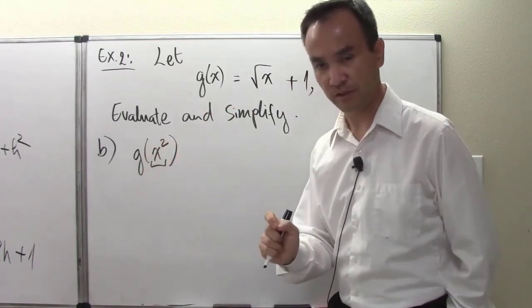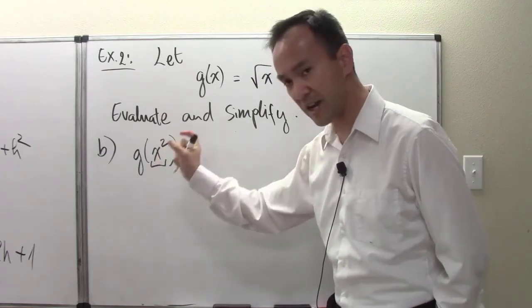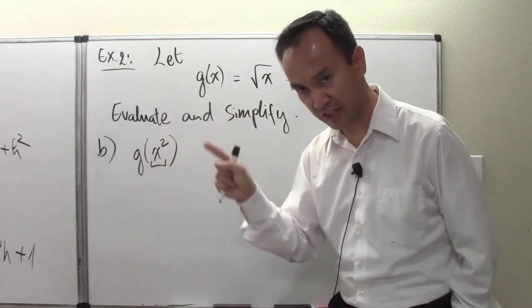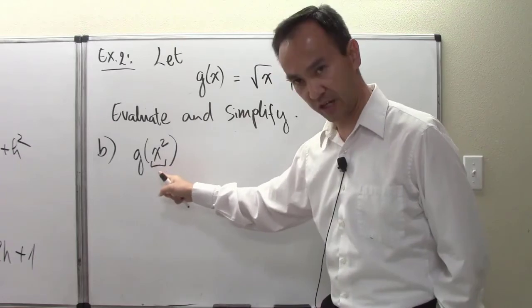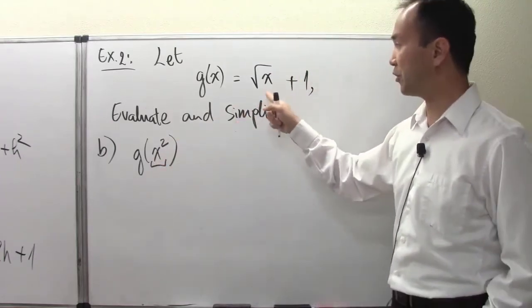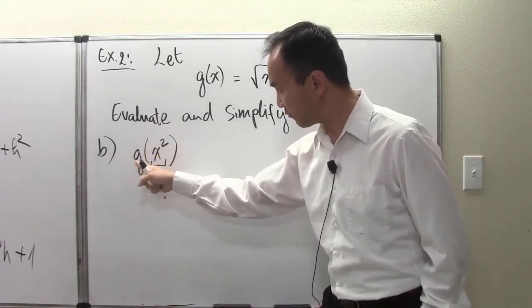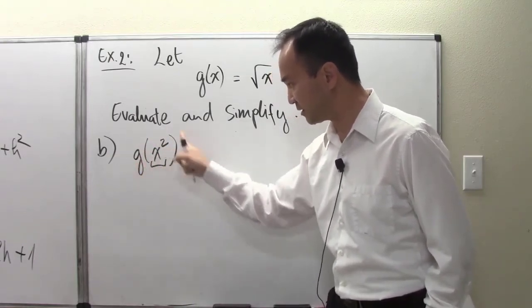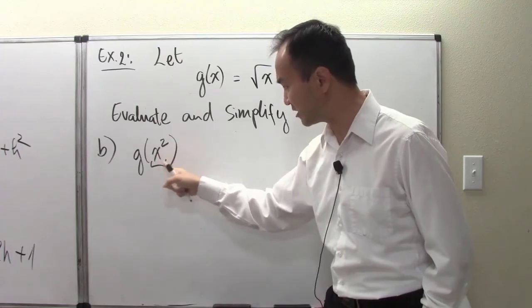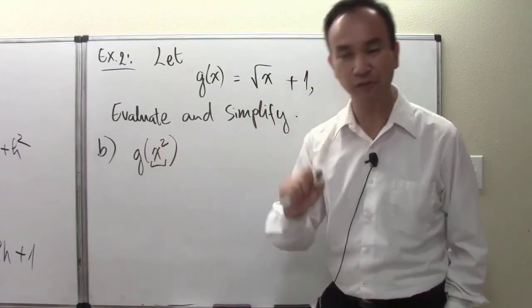Again I repeat, x squared here as an entire expression is being used as the input for our function. The parentheses notation indicates that this whole x squared is substituting for the input.